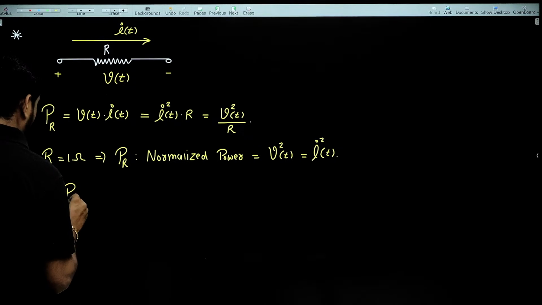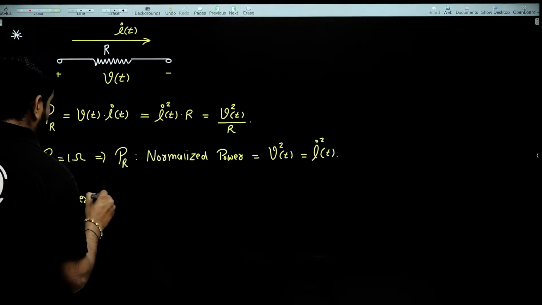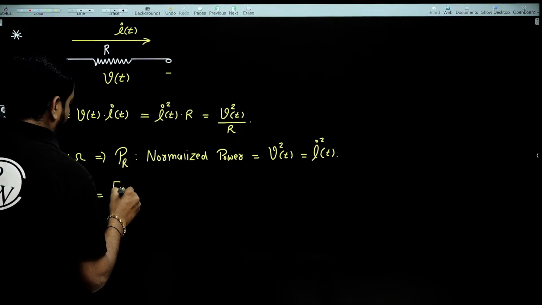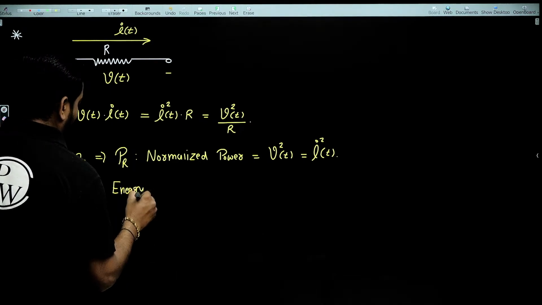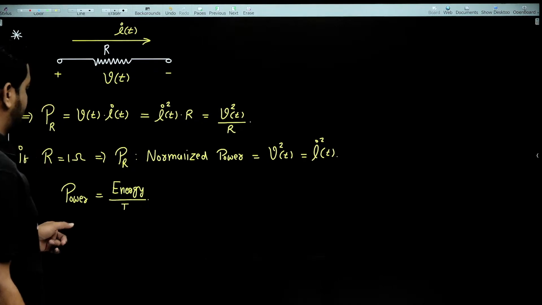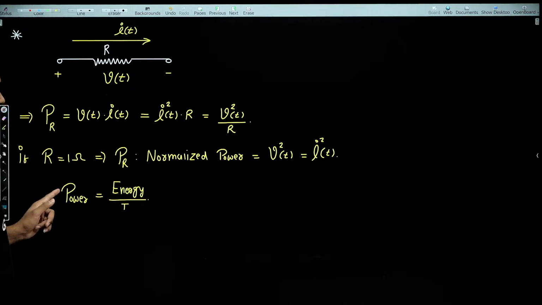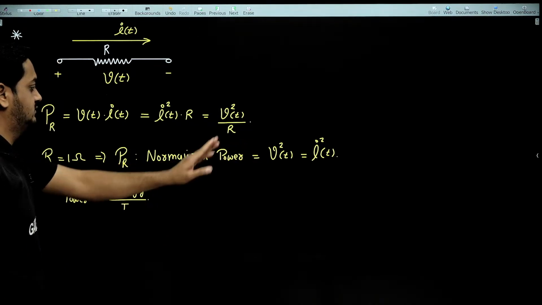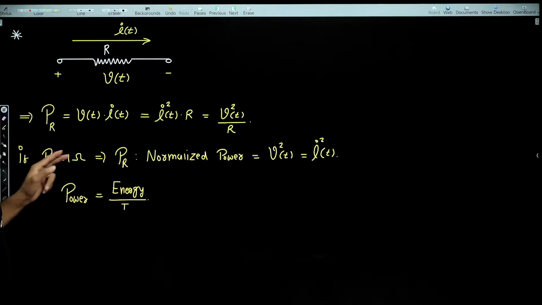Power is nothing but energy per unit time. So if the square of the signal comes in the power formula, then in the energy formula also the square of the signal will come.